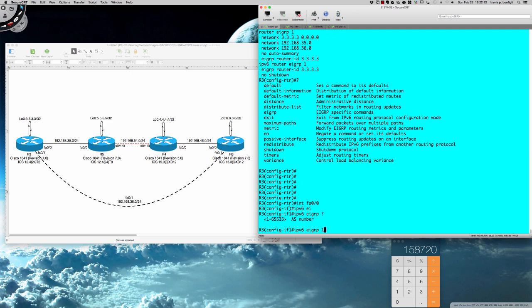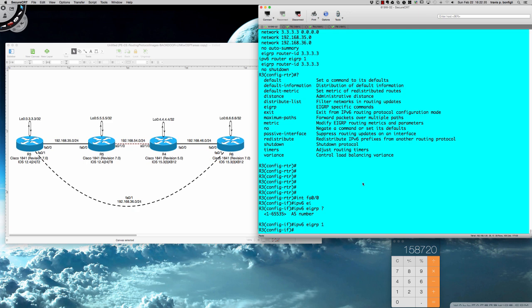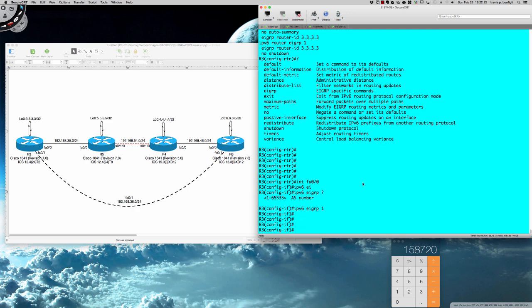So this interface, FA0/0, is going to be running EIGRP for IPv6 and autonomous system number 1. And that's it. It's very similar to the network command because it's going to start the EIGRP for IPv6 process on that interface. However, we don't use the network command.